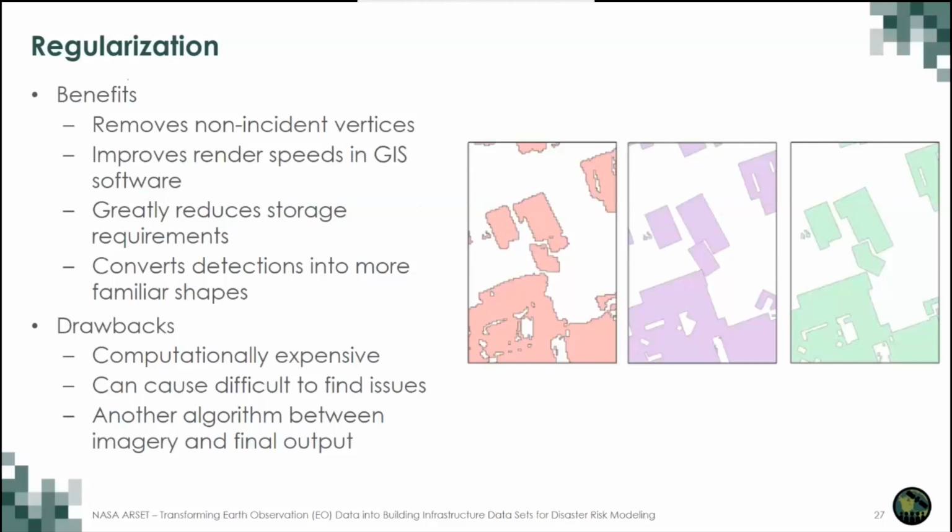In a building data set, we generally try to not have any overlapping polygons. If there are neighboring polygons, we'd like for them to be contiguous and not overlapping. And the last drawback is that this is just another complex process to get in between the imagery and the actual output of the data set that we're producing.